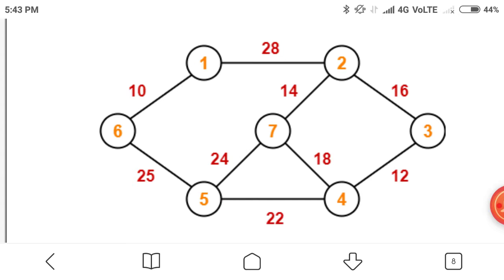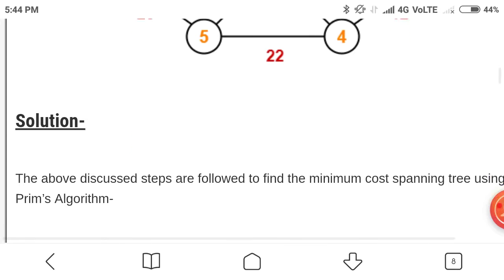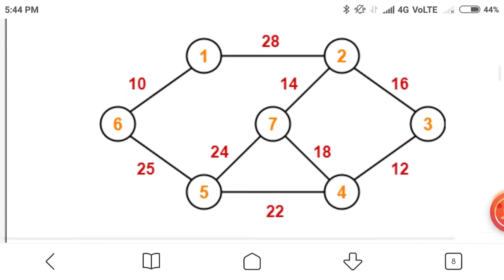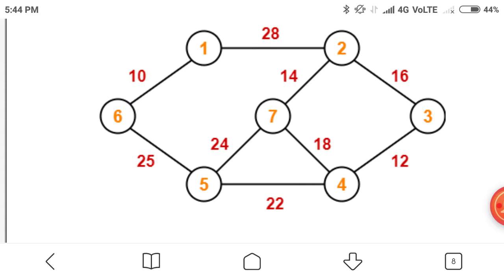From 6 there is only a single edge, because the 10 is already traversed, so only 25 remains, and you have to select 25. So 6 to 5. Then from 5 there are two edges, 24 and 22, so you have to select 22.